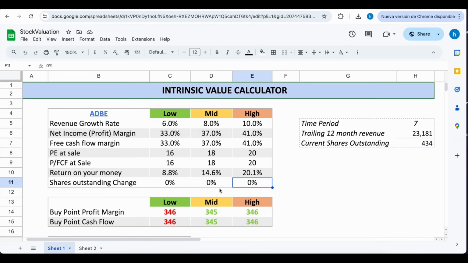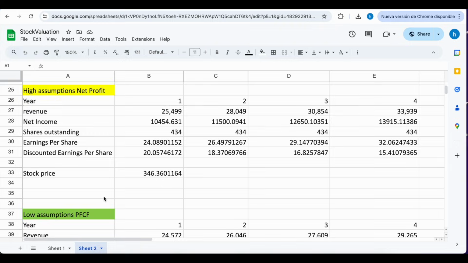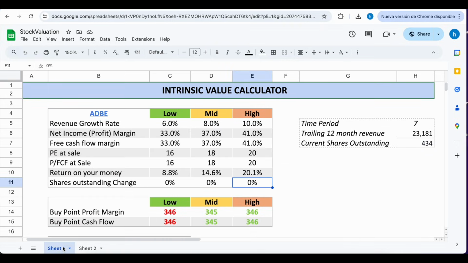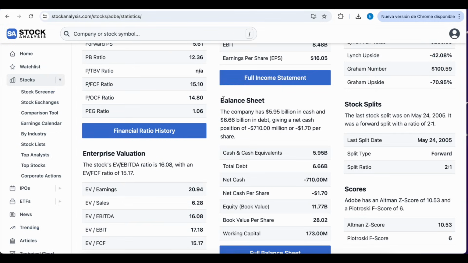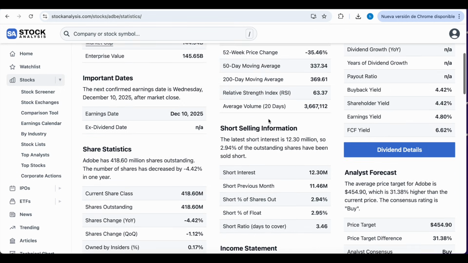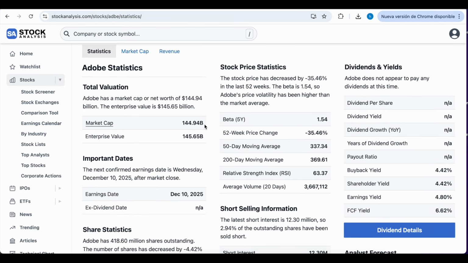But if you want to make your own assumptions, I'm going to leave a link to the spreadsheet down below. It is super simple to use because I've done all the calculations in the background, so you only need to input your assumptions. Now, the spreadsheet does not take into account the balance sheet, but Adobe has an amazing balance sheet with $5.9 billion in cash and $6.6 billion in debt, which is nothing for a company that has a market cap of $144 billion.